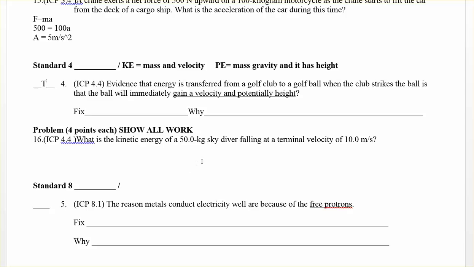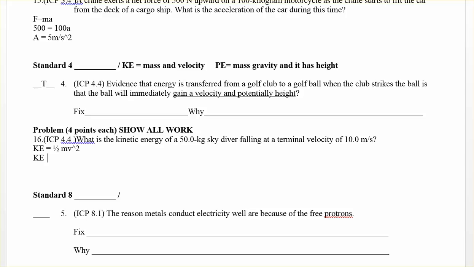What is the kinetic energy of a 50-kilogram skydiver falling at a terminal velocity of 10 meters per second? Well, kinetic energy is equal to 1/2 mv squared. So in this case, our kinetic energy is equal to 1/2 the mass, which is 50, times the velocity squared.